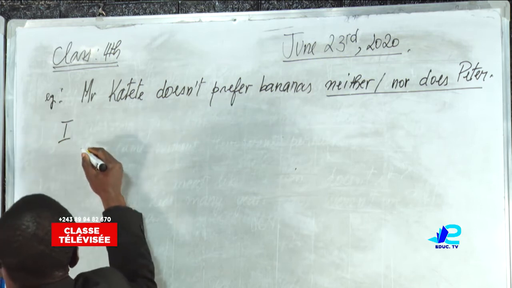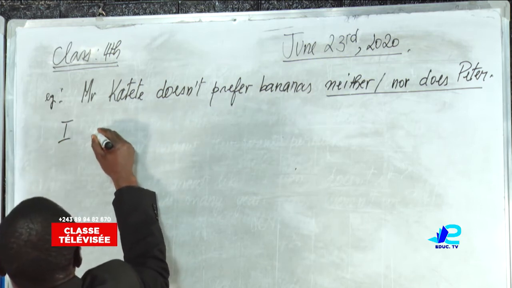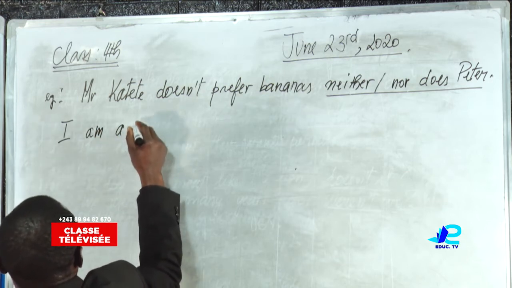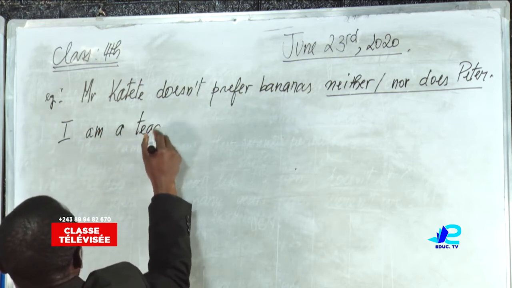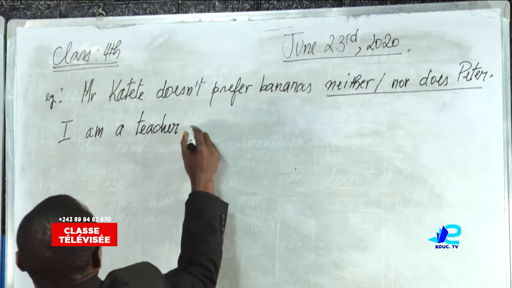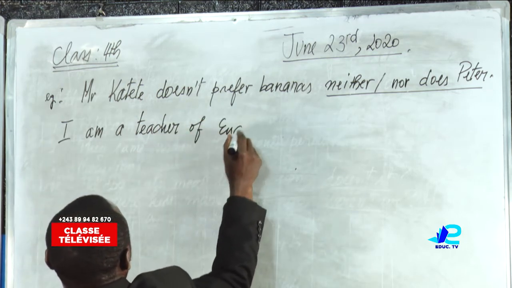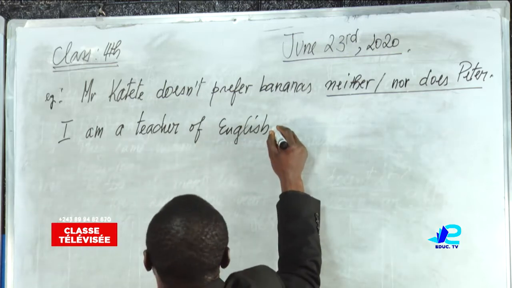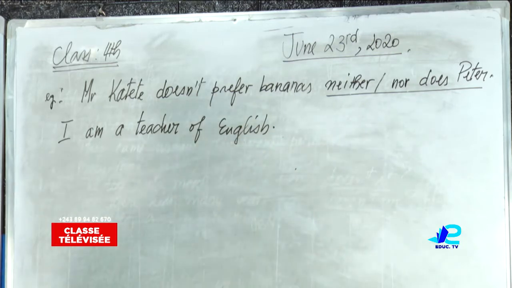You can say, I am a teacher of English. I am a teacher of English. Look at the second example.